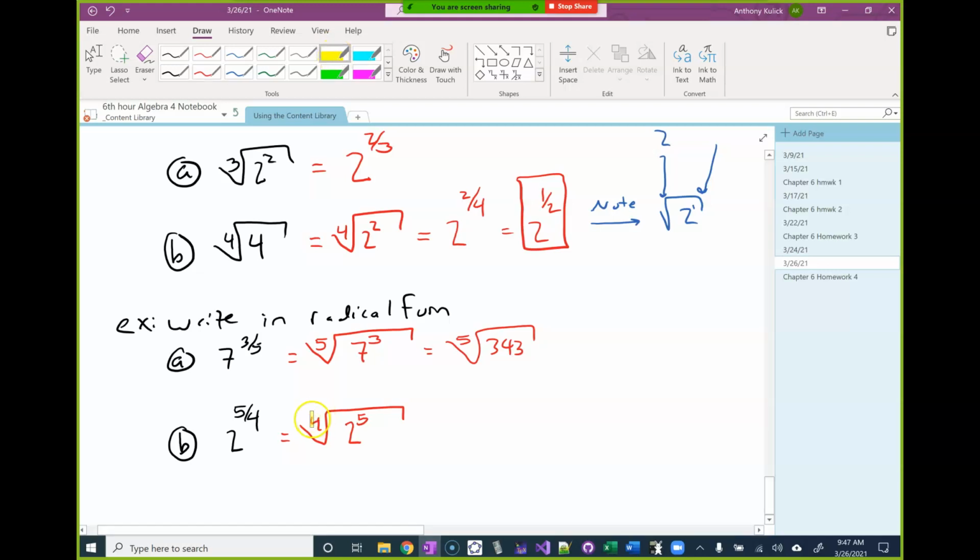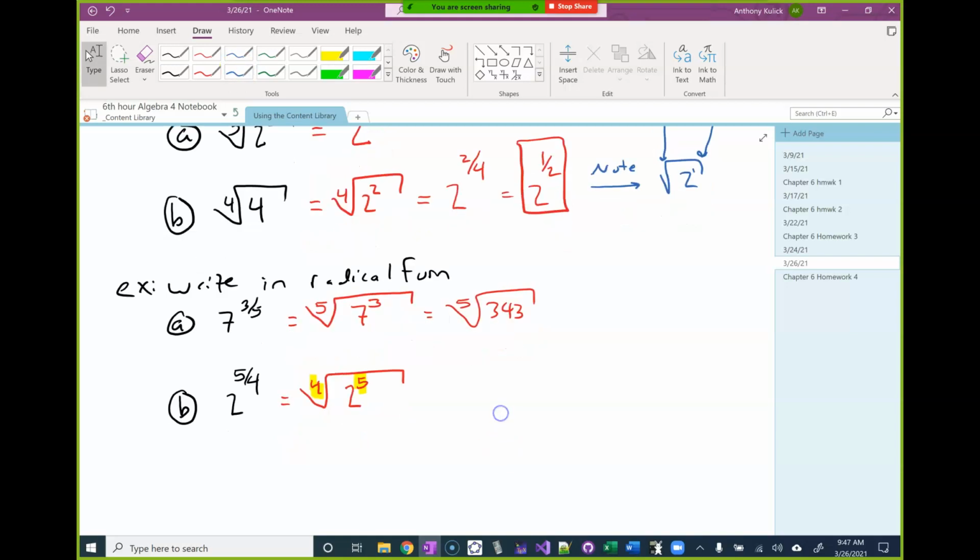But notice here that the exponent on the radical is bigger than our index. You guys see that? That should tell us that we can reduce this radical. 2 to the 5th is like 2 to the 4th times 2 to the 1st. So I can take a 2 out, and I'm left with 1 still underneath. And there we go.